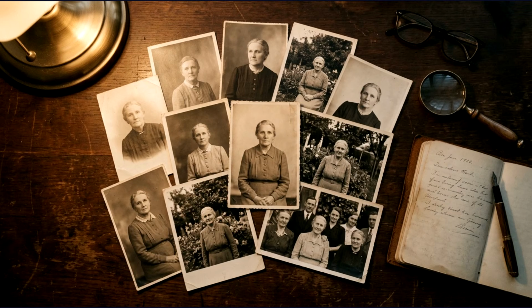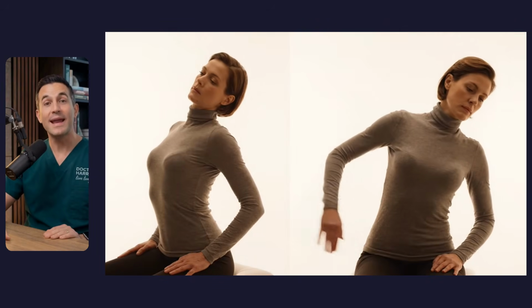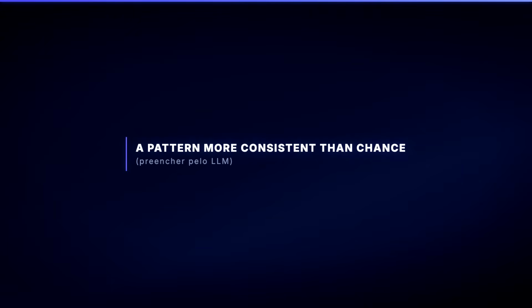I did not connect those two observations, the left side of her face lower, the left shoulder higher, for a long time. When I did, it reoriented several things I had been observing clinically, but not yet fully connecting. The pattern across people with visible unilateral facial descent is more consistent than chance predicts.